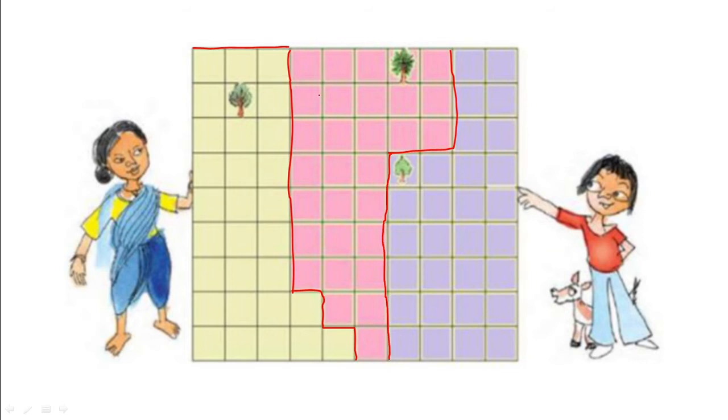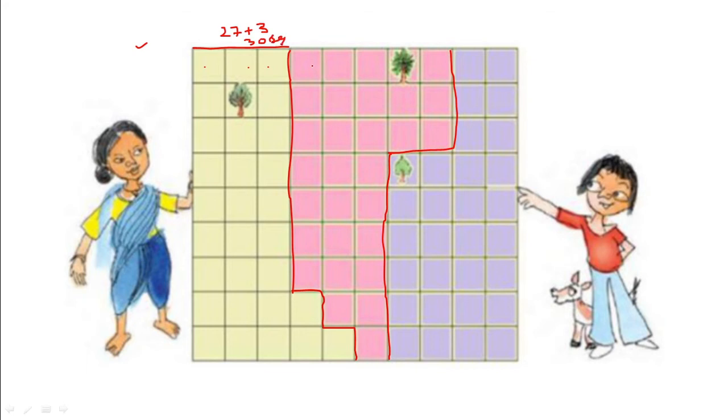So what was the condition? Each part should have one tree. This is okay. Each child should get equal. Yes, you can see 1, 2, 3. And this is 9. So 9 3s are 27, plus 1, 2, 3, 30 square meter.